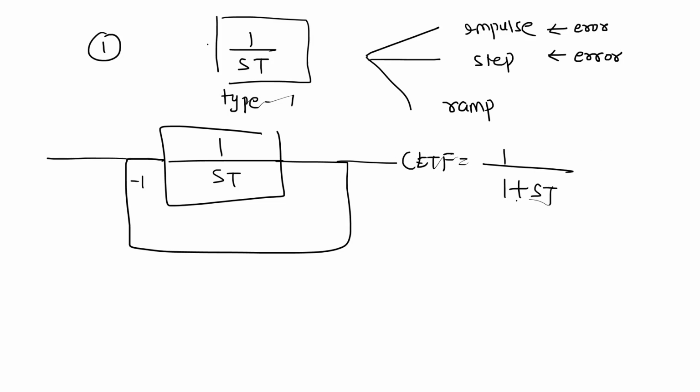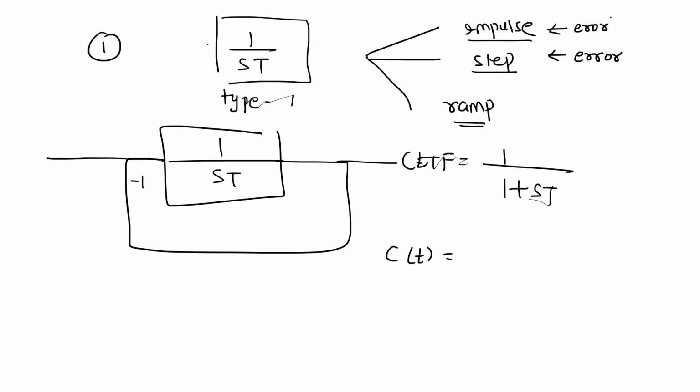All these are covered in the course. This is the time response you need to find by using different input combinations: whenever you take impulse, step, or ramp, you will get some output. In that case also you need to find the steady state error by using this formula.